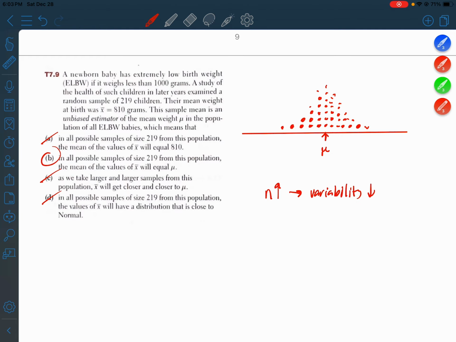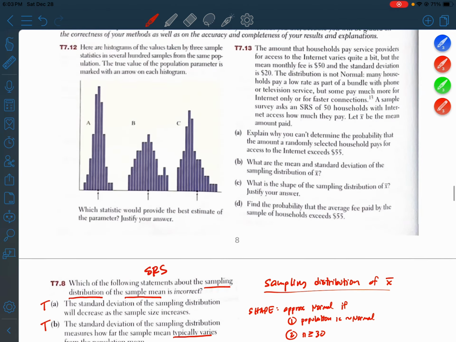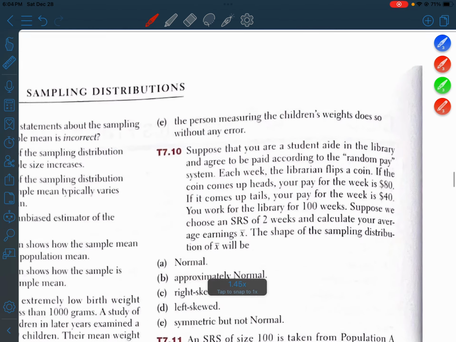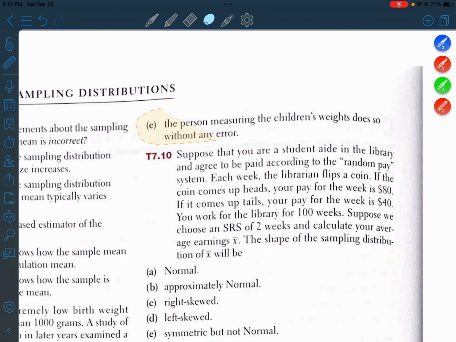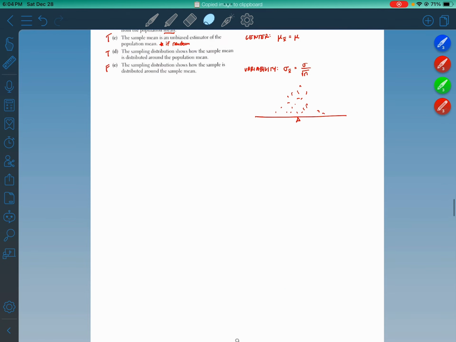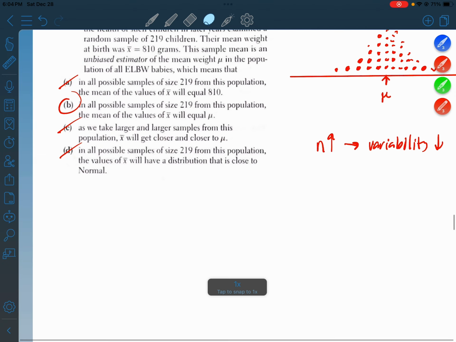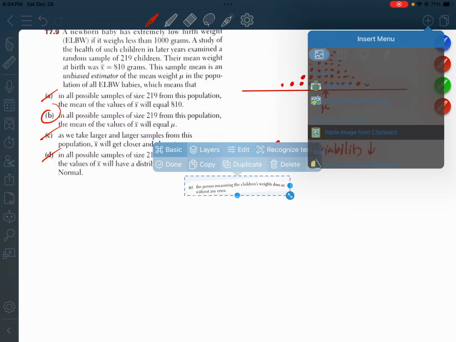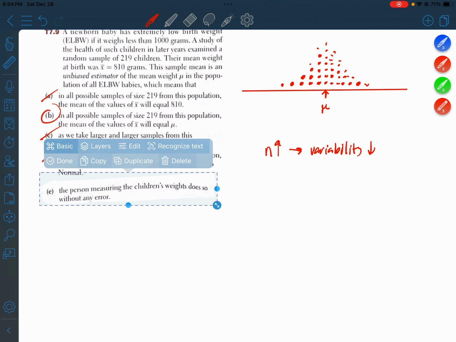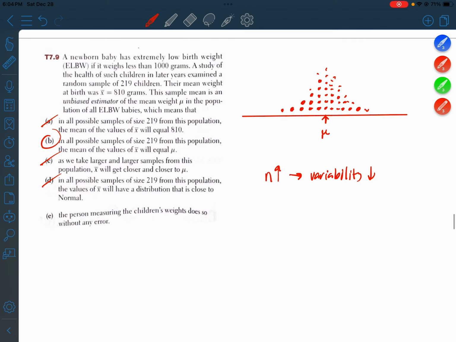And then choice E, I don't know where that went. I guess I just didn't copy it. Choice E, here it is. The person measuring the children's weights does so without any error.